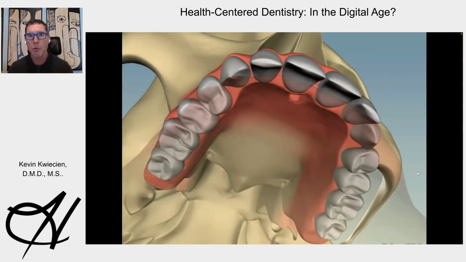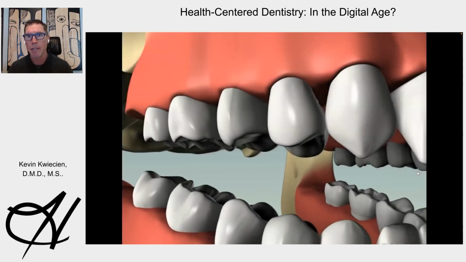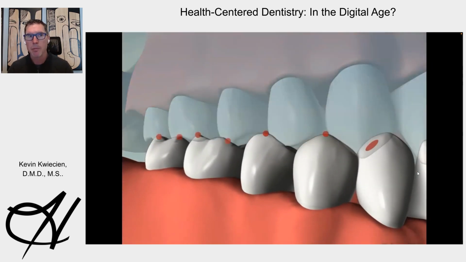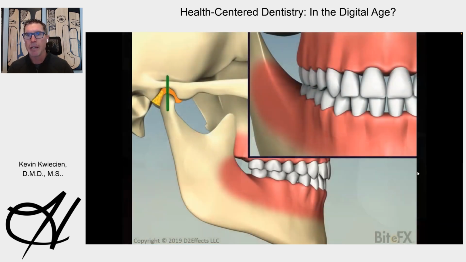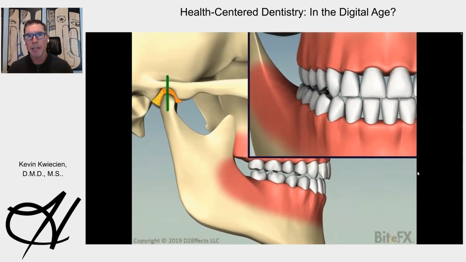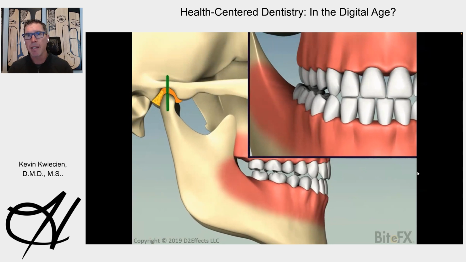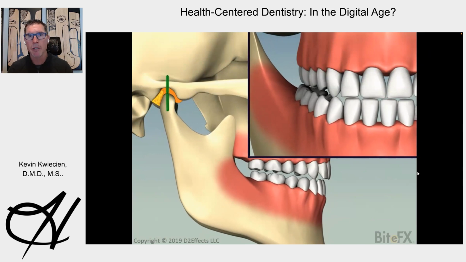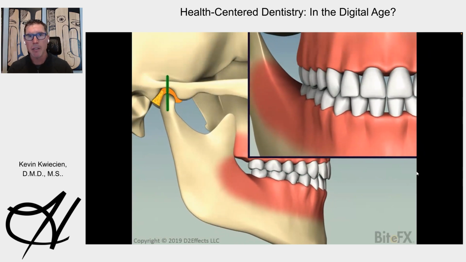So a cusp tip on a tooth and a flat landing area on a tooth, cusp tip to flat landing area. And when we move our jaw in any direction, our front teeth make the back teeth come apart, but in a very smooth, shallow manner so that they protect the back teeth.